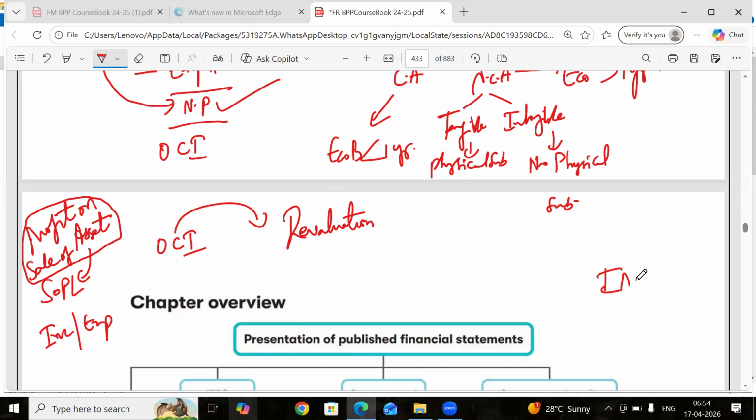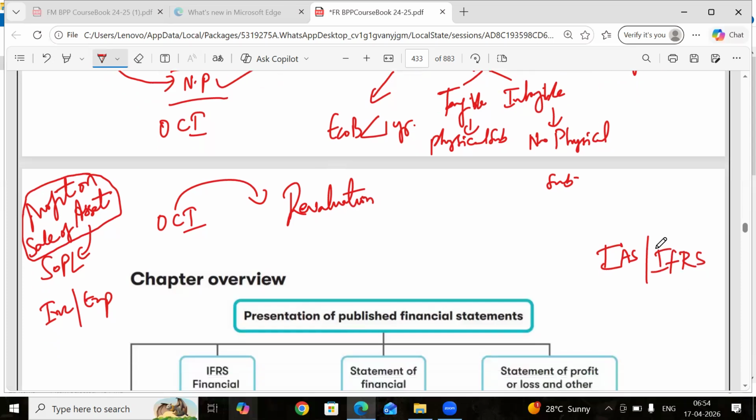International accounting standards, international financial reporting standards. These standards allow you to do that. All the accounting treatment you do is as per the standards, because standards guide you how to give accounting treatments to any transaction which happens. So you have to follow the standards.